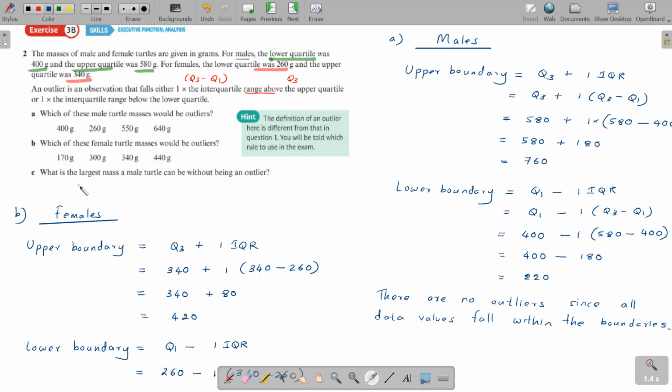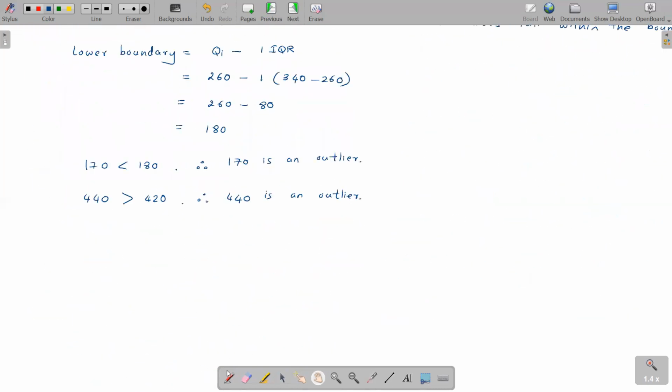You can see the upper boundary for the weight is 760. Anything exceeding 760 will be an outlier, but 760 is the largest that we can possibly take, and 760 is not an outlier. So the answer is 760 grams, the upper boundary for male turtles. That's it.